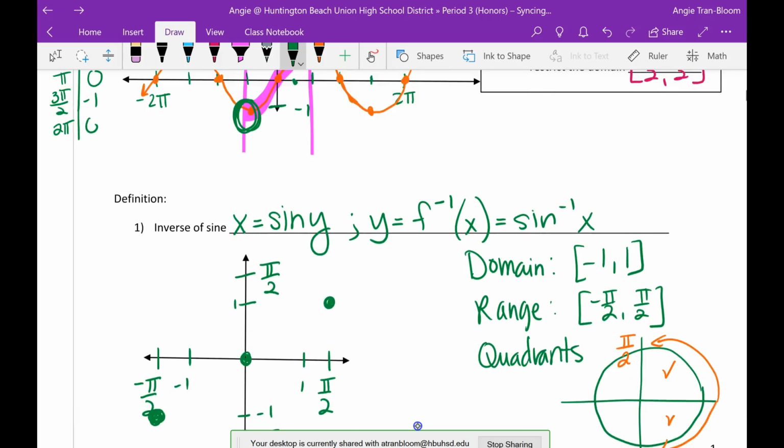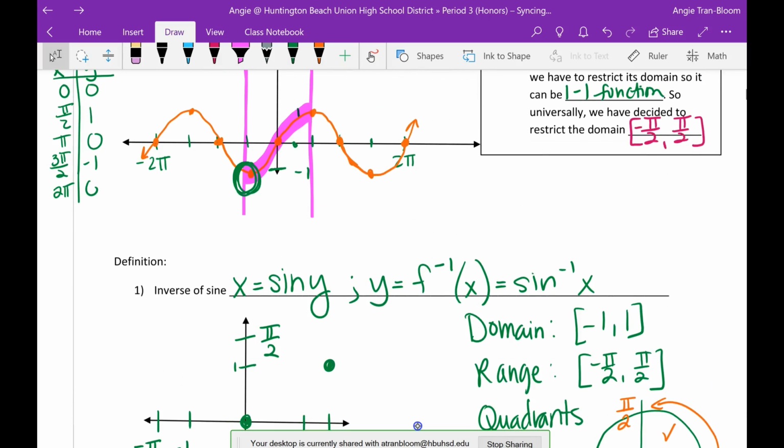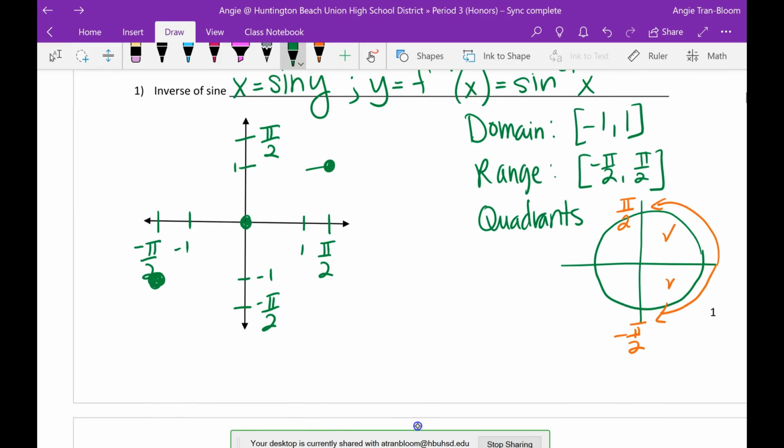Can you see the curvature of my original, the pink curve? It's kind of hugging the x-axis a little bit. So we're going to hug the x-axis right there. So class, this is y equals sine of x, restricted. I'm going to pause right there before I graph out its inverse.